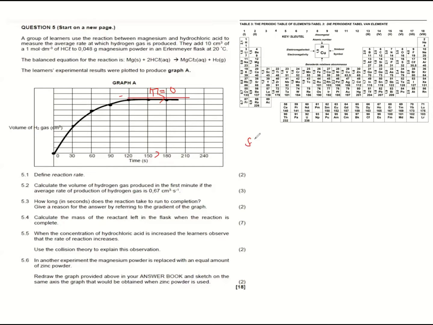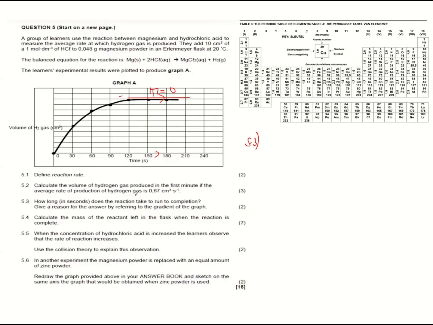So in 5.3, we are going to say that the reaction stops at 120 seconds, because after 120 seconds the graph becomes horizontal. That's where the gradient of the graph is equal to 0.